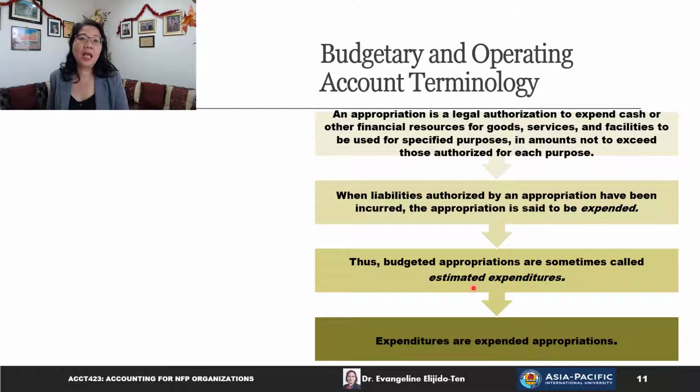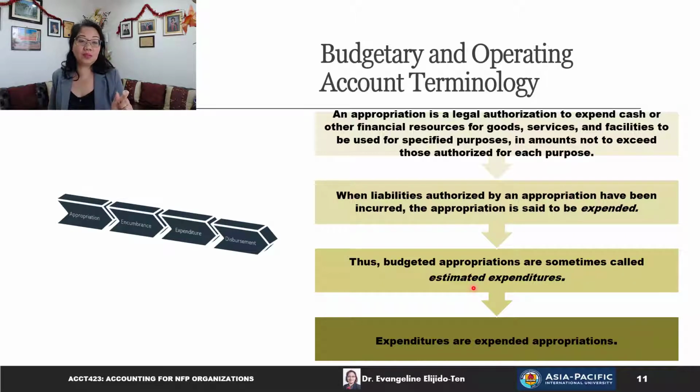The terminology must be something that you add to your vocabulary: the appropriation, expense, expenditures, and the like. But there's one more term that I'd like to add here, because we have kind of skipped one, and that is encumbrance. You will notice when we turn to Learning Objective 5 after our break that once an account is appropriated, it needs to be encumbered; encumbrance follows appropriation, before expenditure, and expenditure before disbursement.